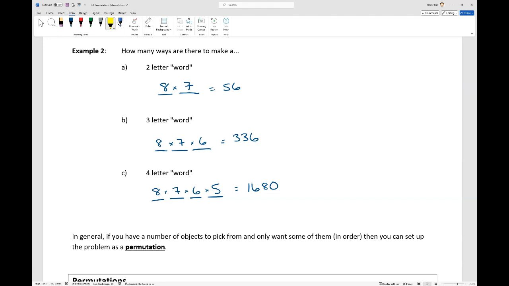So that's 8 factorial divided by 6 factorial, which is n factorial divided by (n minus r) factorial. Likewise, 3 letters, 8 times 7 times 6 is 8 factorial, but then we divide by 5 factorial because we don't want the 5, 4, 3, 2, 1. And finally, with the 4-letter word, we have 8 factorial, but we don't want the 4, 3, 2, 1 at the end, so we would take 8 factorial divided by 4 factorial.